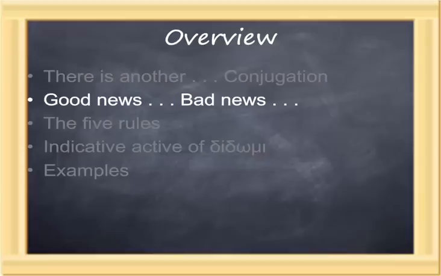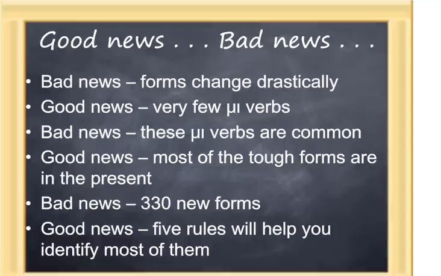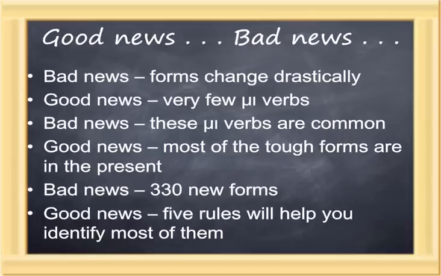So what's the good news, bad news situation about this new conjugation? After all, we've spent months on the first one. Well, the bad news is that the forms change drastically. Some of them don't look anything like the omega conjugation. The good news is that there are very few mi verbs.